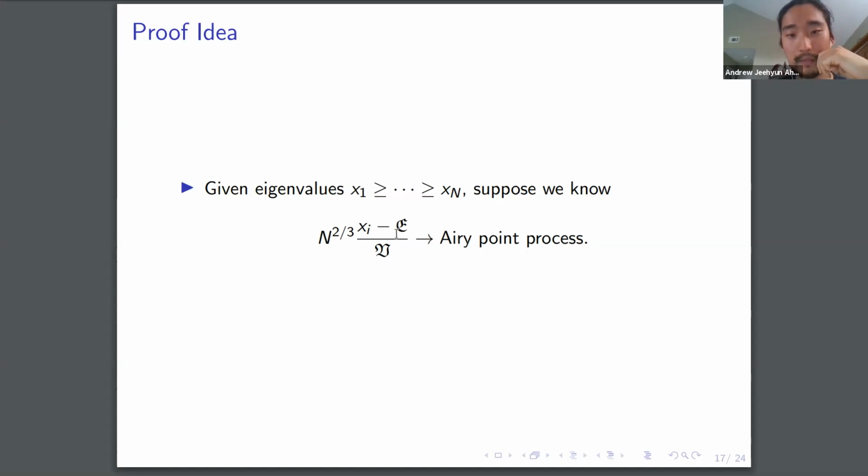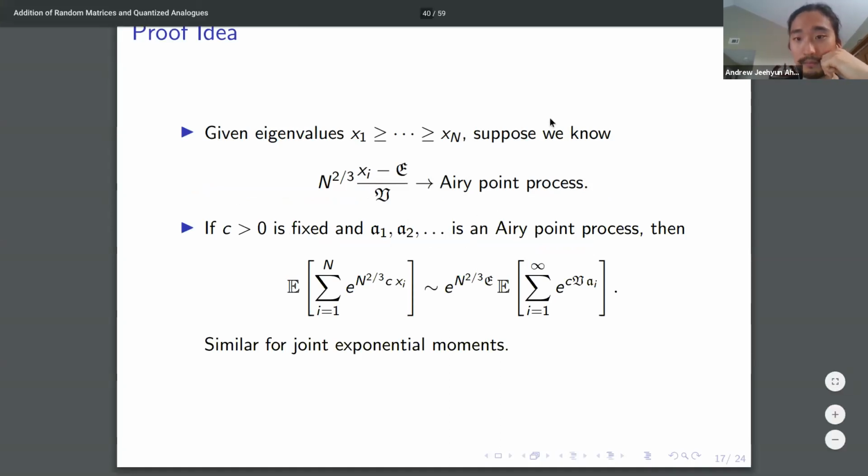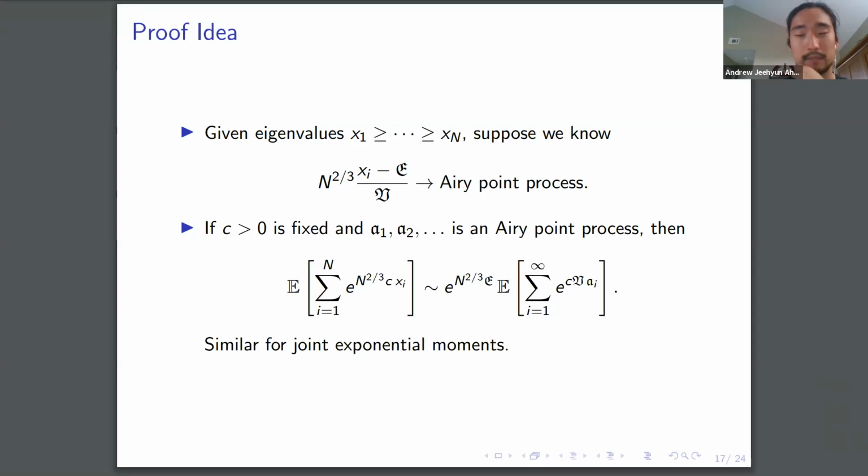So we have some constants, fraktur E and fraktur V, such that this convergence happens as n tends to infinity. If we know this, then we can do the following. Let c greater than 0 be fixed, and let a_1, a_2, and so on denote an Airy point process.